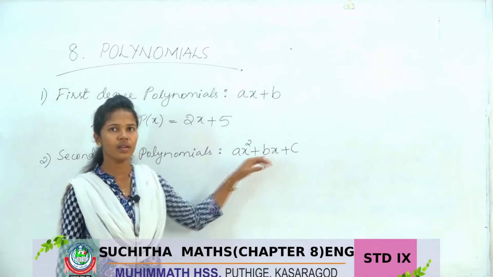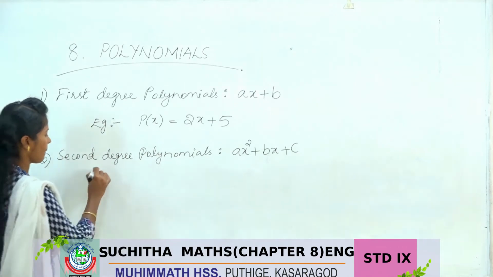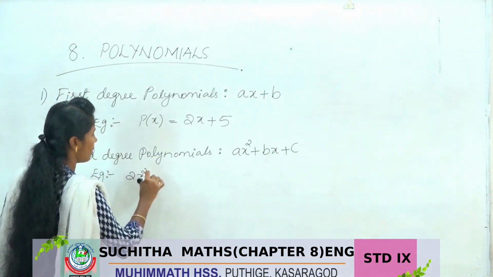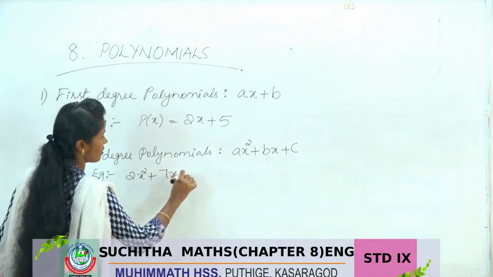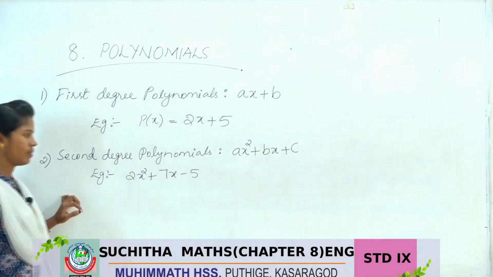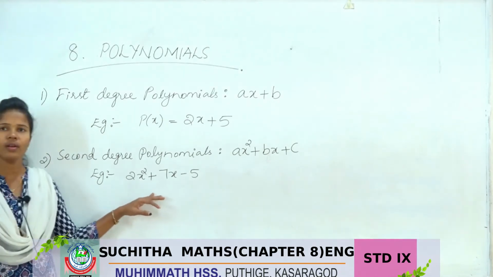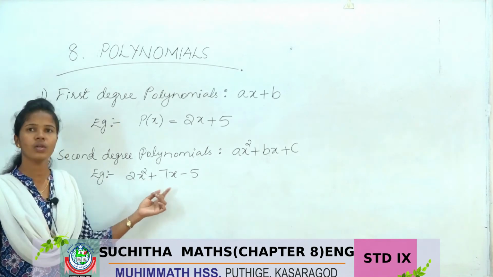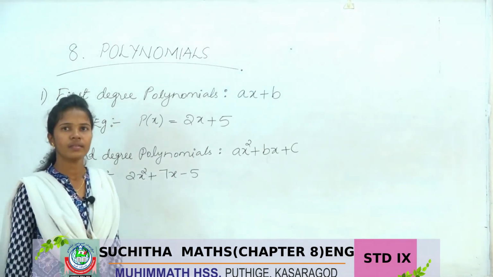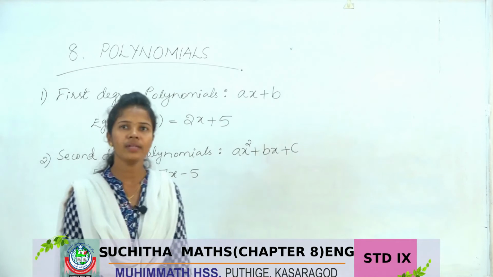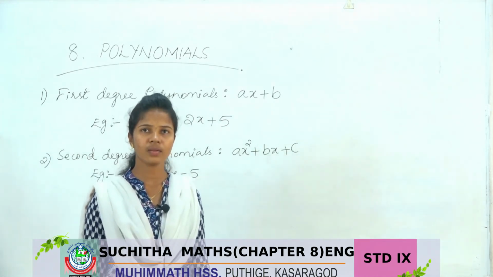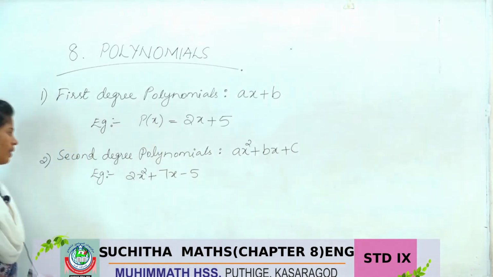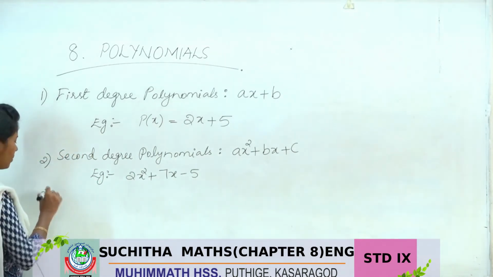For example, 2x square plus 7x minus 5. It is an example of a second degree polynomial. Here the highest power of x is 2. That means the polynomials with the degree 2 are called second degree polynomials. Understood? The next one is third degree polynomial.